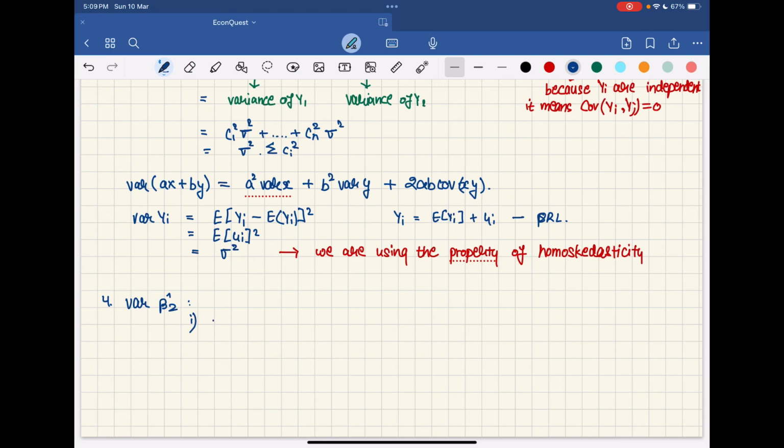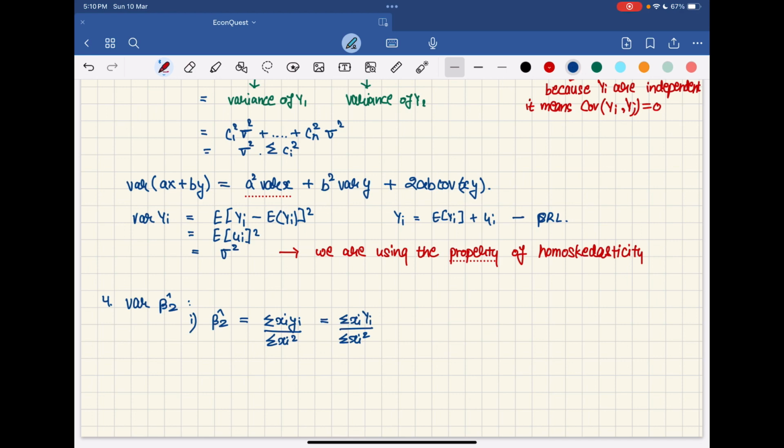First thing, your beta 2 hat is equal to sigma xi yi upon sigma xi square, right? This thing is equal to sigma xi yi upon sigma xi square, okay?